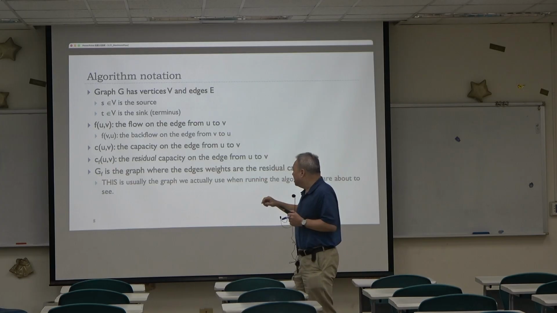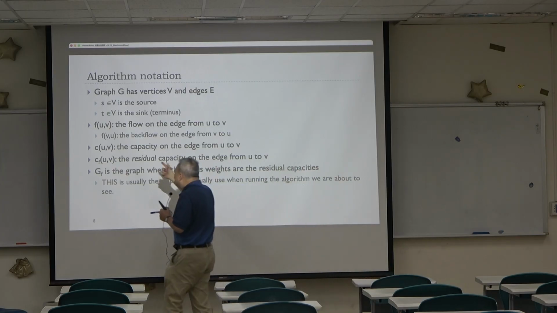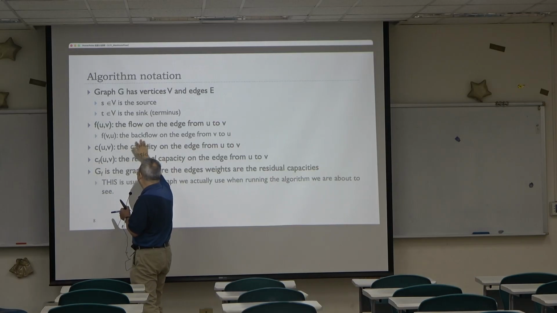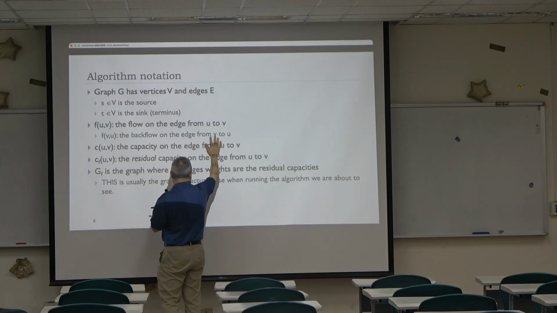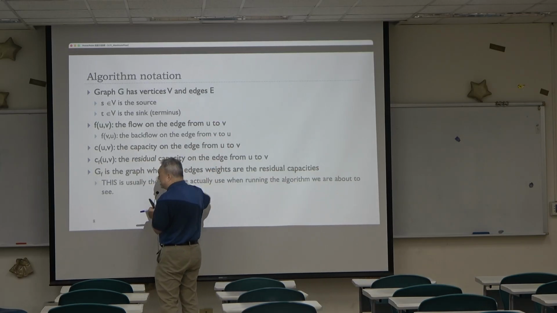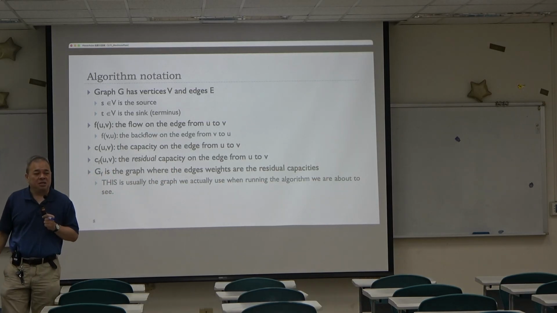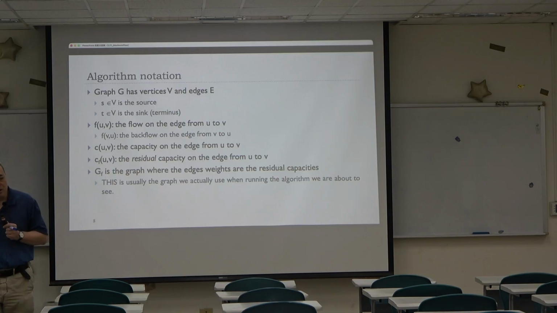And then f(v,u) will be something going back from v to u, in the opposite direction of the direction of the edge. This is the illustration.